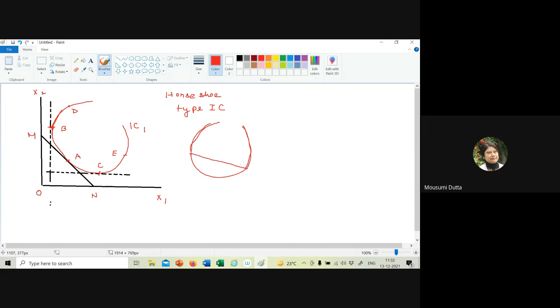So beyond B, more of a specific commodity is becoming bad to you. Similarly, beyond C, more of a particular commodity is becoming bad to you. So the indifference curve is becoming positively sloped beyond certain points. Suppose you like lobster very much, but you will be able to manage up to, say, 4 lobsters a day.